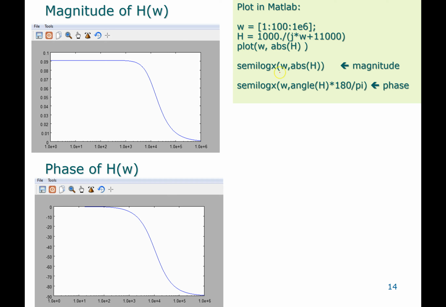You can also do a semi-log x function, meaning you can compress the horizontal axis to give you a better sense of many orders of magnitude. Anytime you're going over several orders of magnitude in a variable, it can be helpful to use a log scale. And this shows you what that looks like on a log scale.